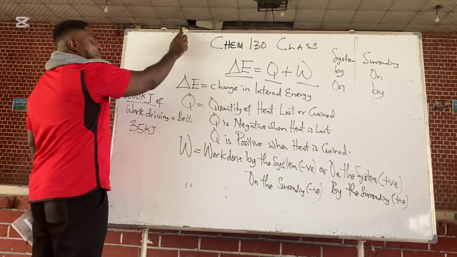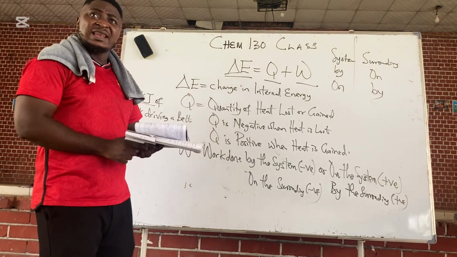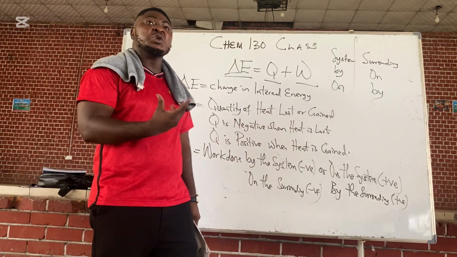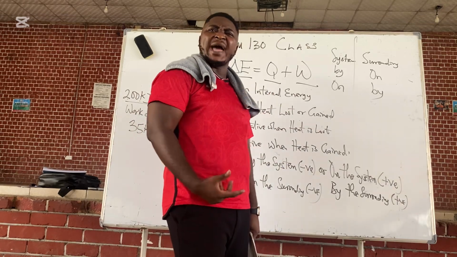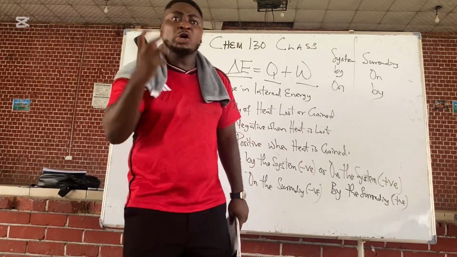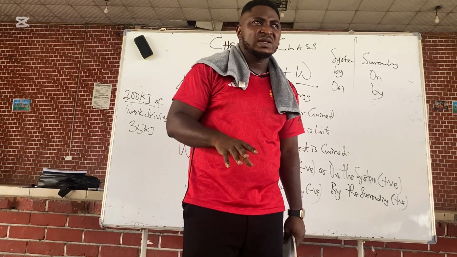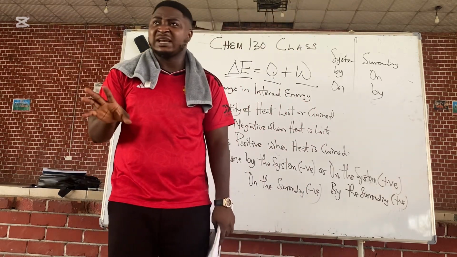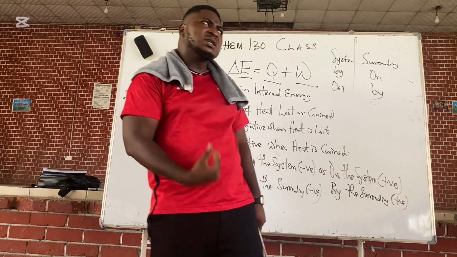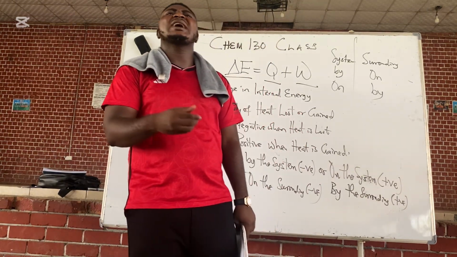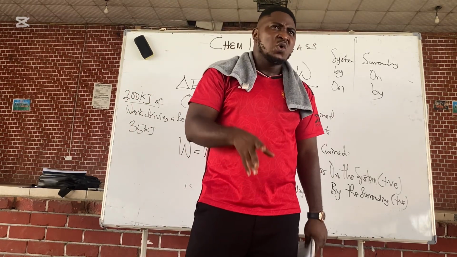Class, an electric motor is the system and it does 200 kilojoules of work. It means that work is done by the system. If they say 200 kilojoules of work is done on the electric motor, it means that work is done on the system.